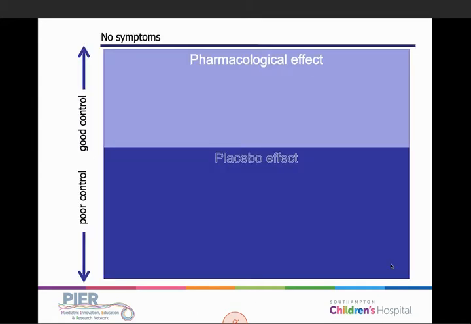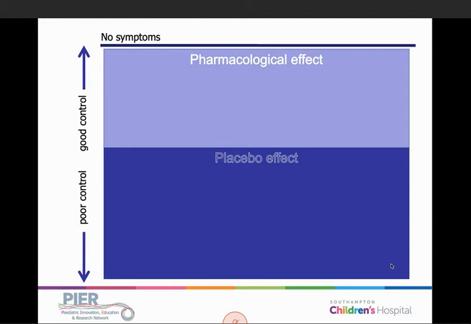Take that concept of the placebo effect as we've just seen and think about it in a clinical situation. I've shown here the same kind of data as we saw in our slide, a 50 to 60% placebo effect, and above that, the pharmacological effect of the benefits of taking an inhaled medication. And on the graph, on the y-axis, we've got good control, poor control, with the top representing no symptoms.